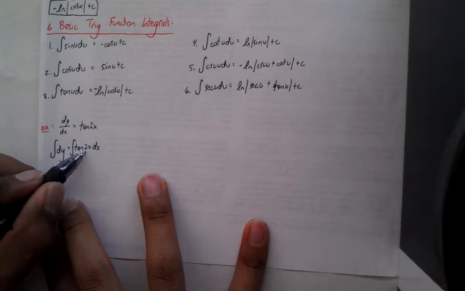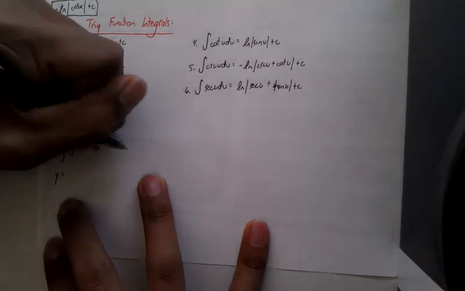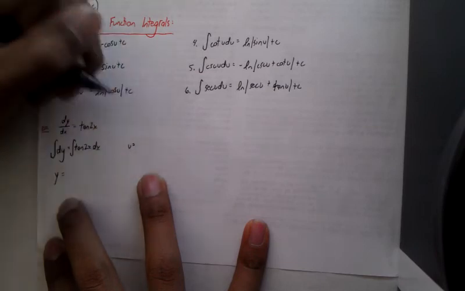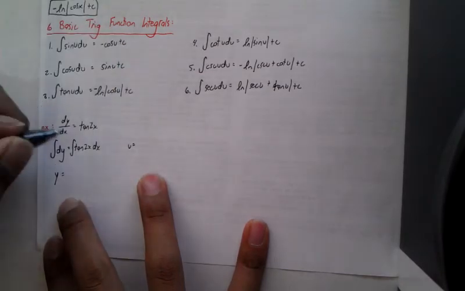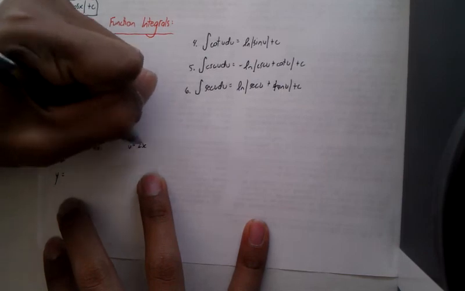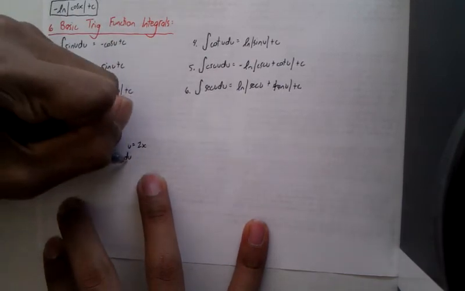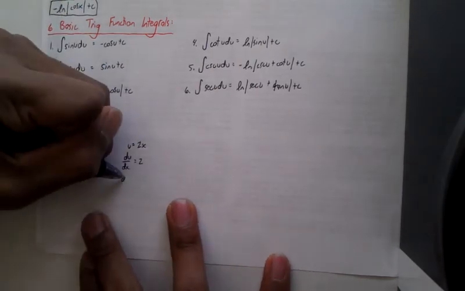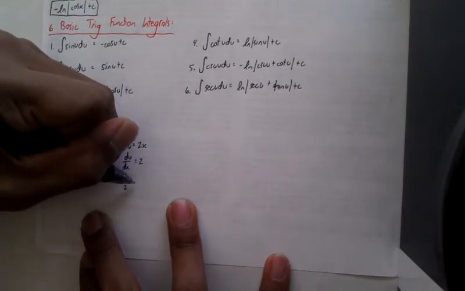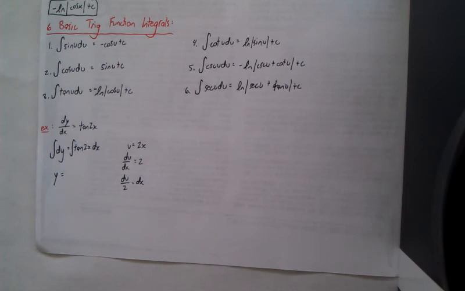So we're going to have to make a u substitution on this 2x so that we can try to get this rule number 3 right here. So u equals 2x, du over dx equals 2, and then du over 2 equals dx.